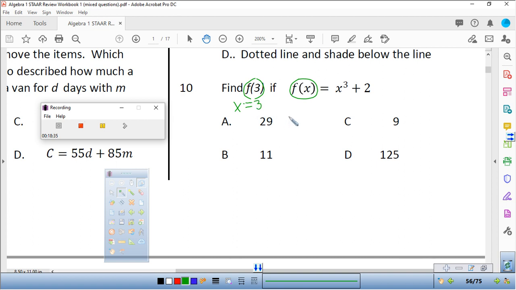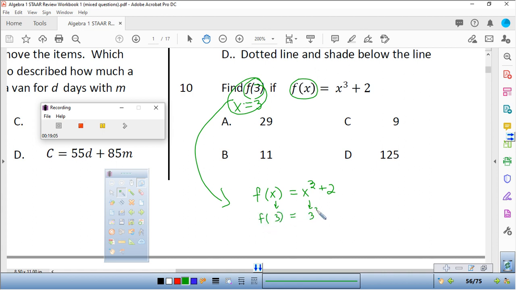I can't tell you what to do, but when you do this part, it means whatever x is in the situation is x cubed plus 2. Now move that to a 3, move that to a 3, and it gives you f of 3.